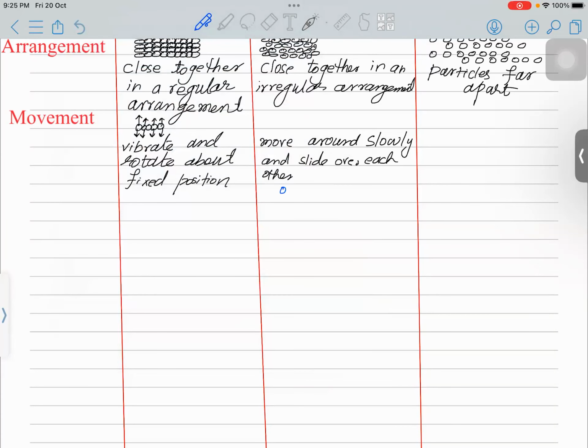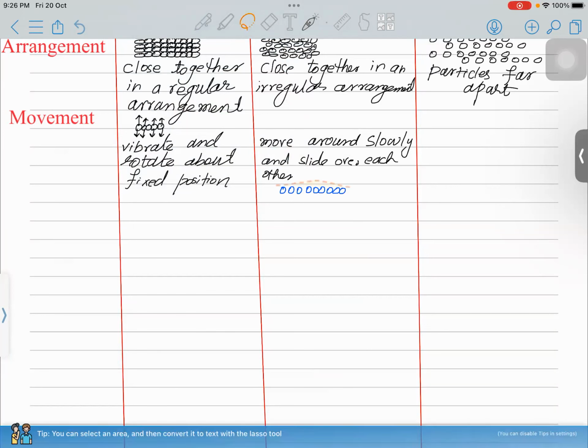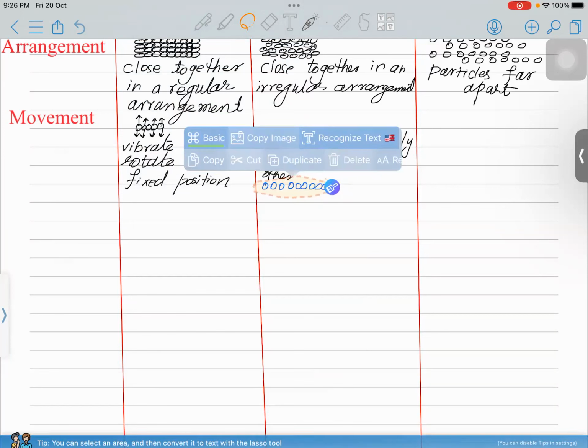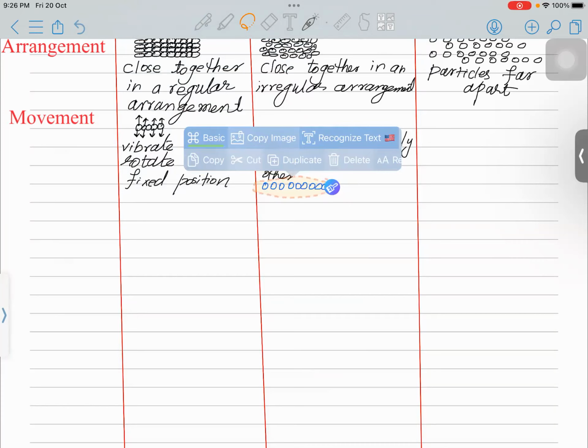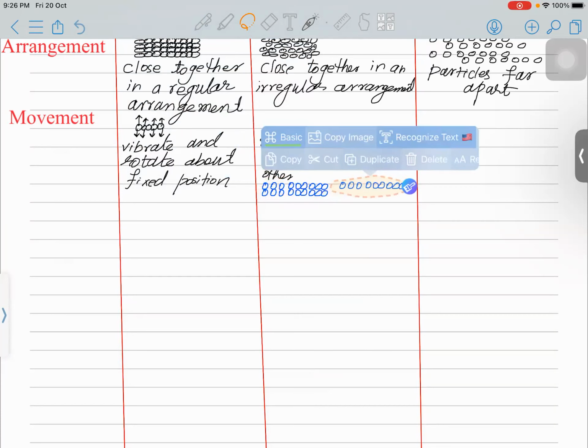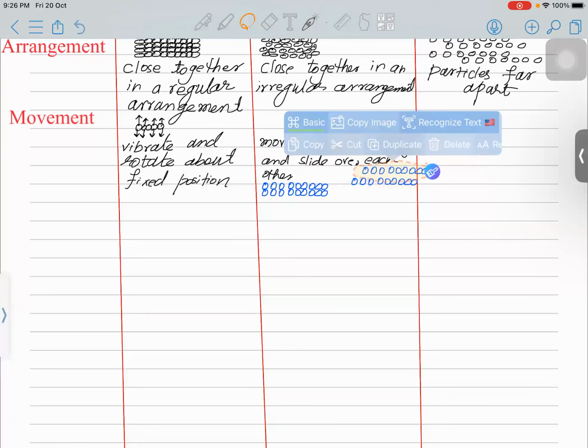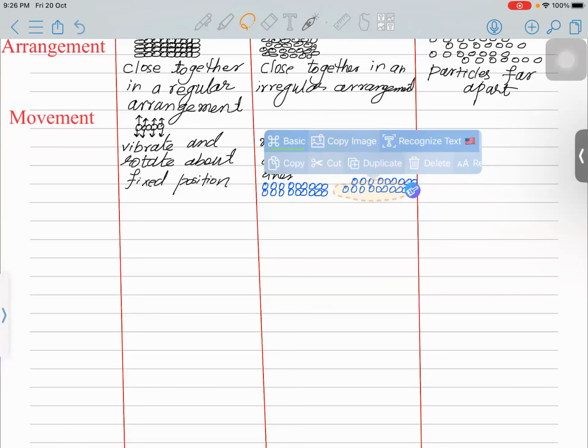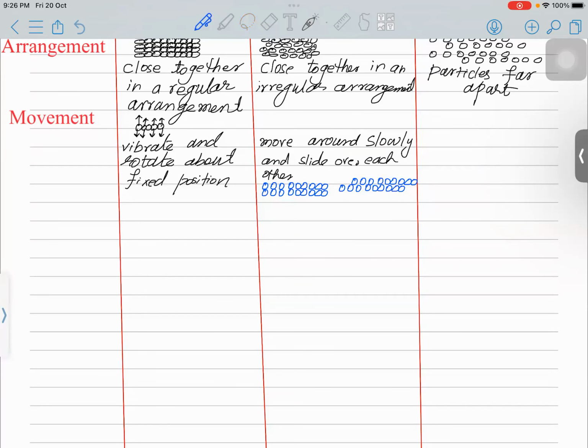Now look at this layer of liquid. This is layer 1. This is layer 2. Now you can see that layers slide over each other.